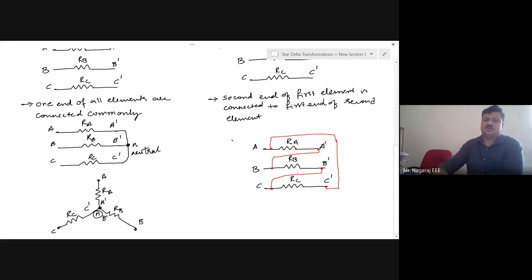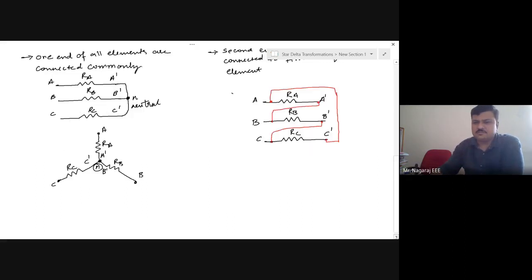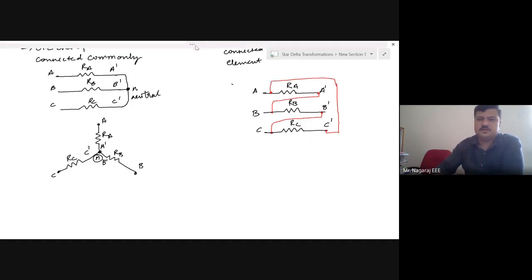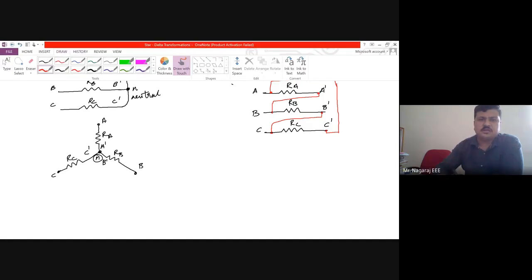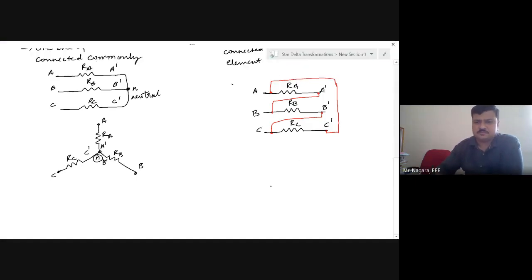So this connection will give us the delta connection. And generally we write the delta connection like this.